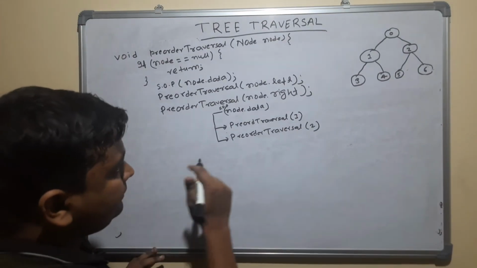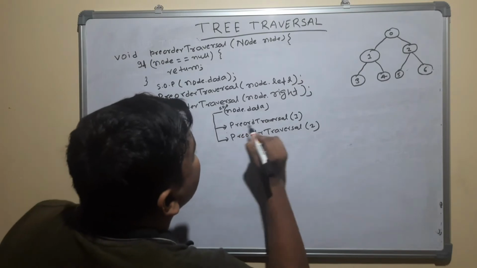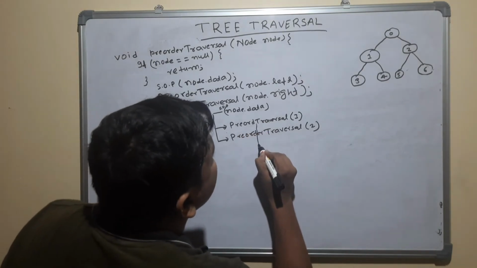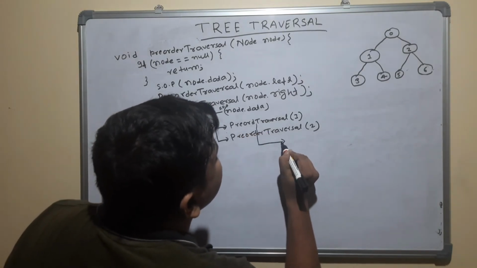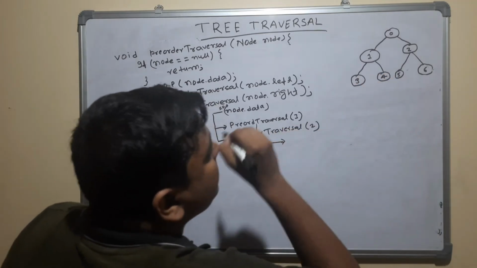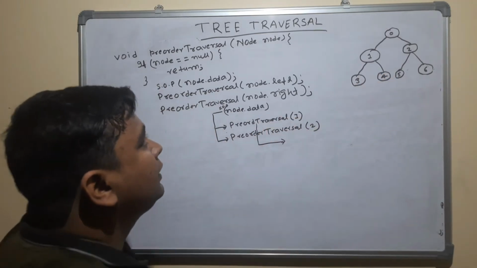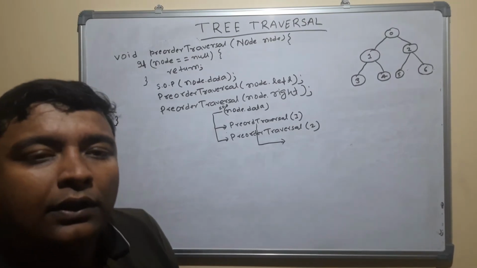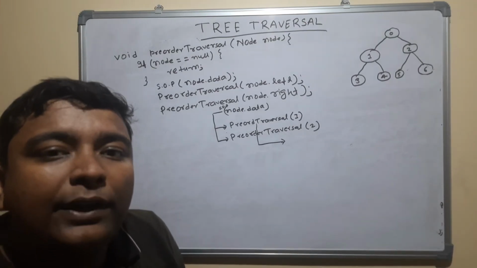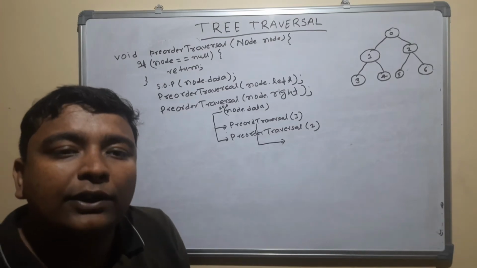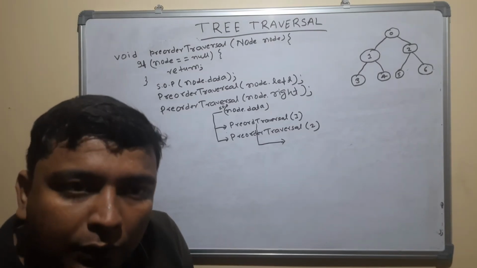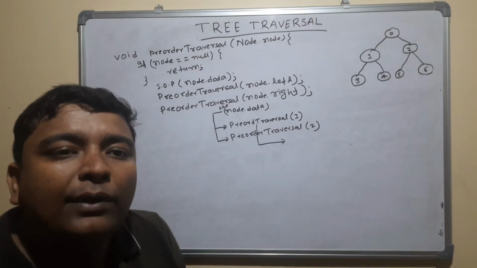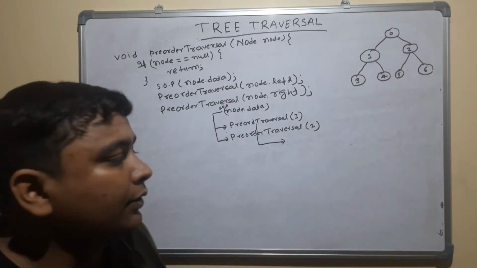Now pre-order traversal will call 3 and 4. The function will call itself until it reaches the base condition. When the function reaches the base condition, the program execution stops.